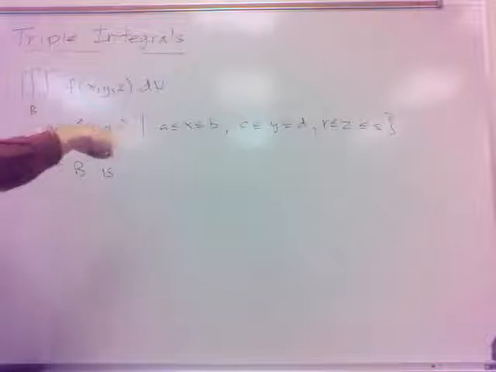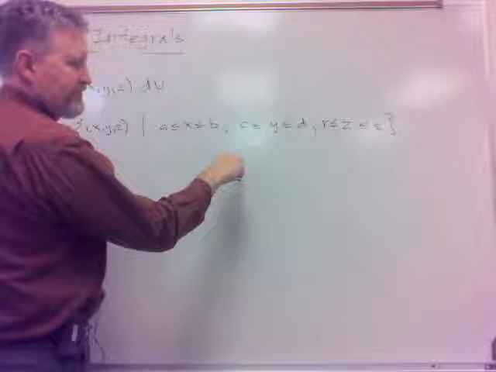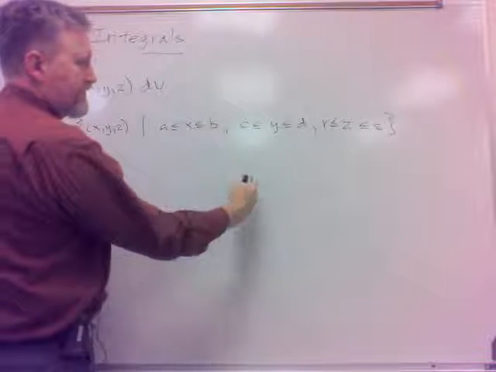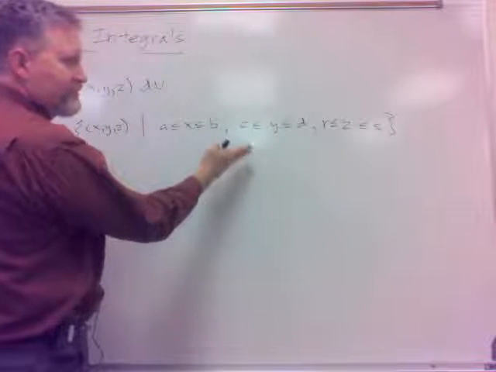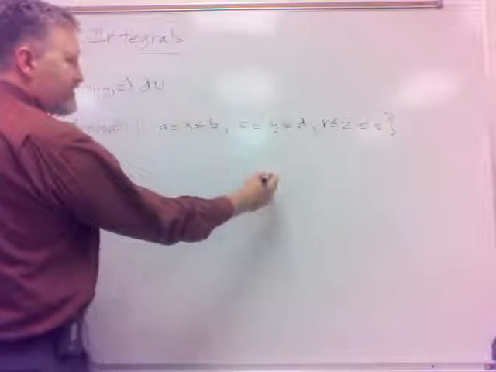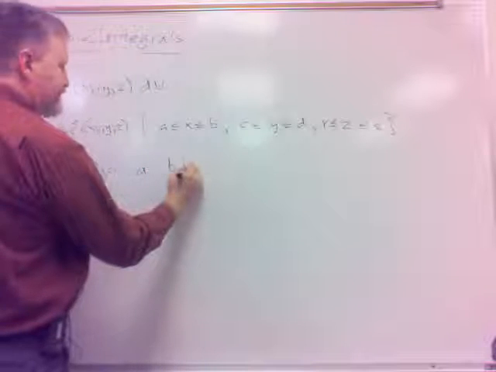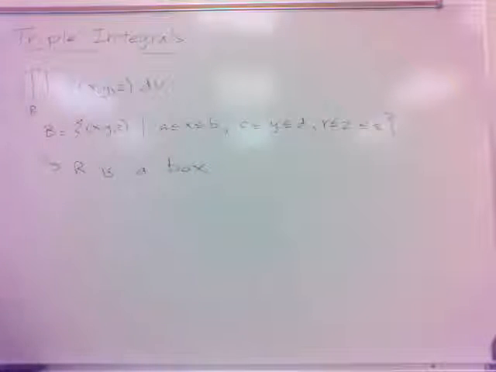If x is going between A and B, y is going between C and D, and then z is going between R and S, wouldn't that be a box? Yeah. So here we're doing a triple integral over a box, a three-dimensional box.